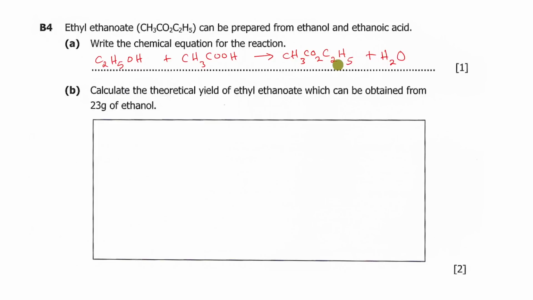So this is an ester which will be formed, because they're saying ethyl ethanoate can be prepared from ethanol and ethanoic acid. Write the equation for the reaction. So this plus that gives us that, and water is formed.